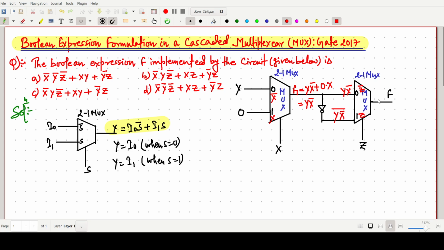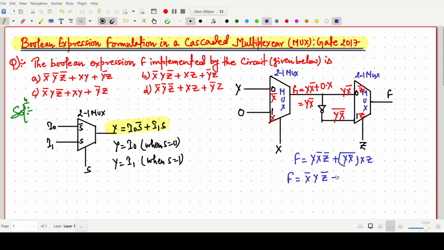So the final expression for f is y x bar into z bar, plus y x bar whole bar into z.